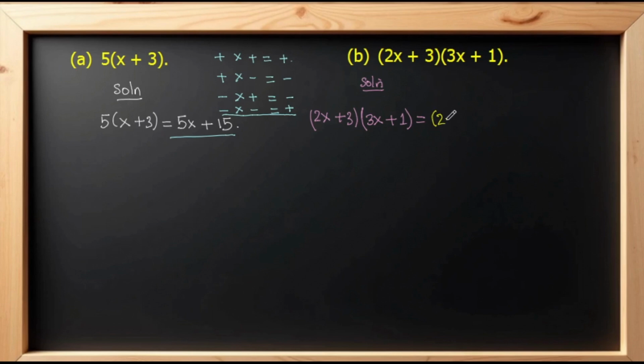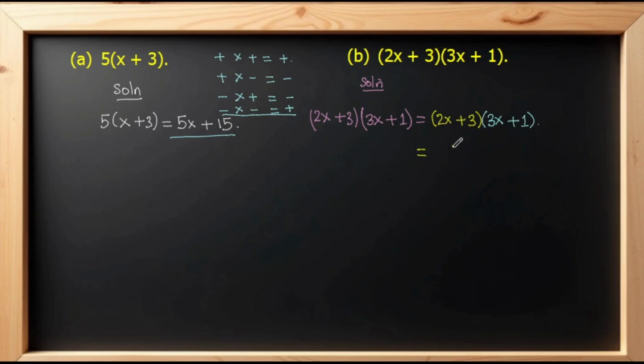We are not working here, we're just giving this color for easy explanation since we are doing it for the first time. The next color I would choose is sky blue, for 3x + 1. So why have I selected these colors? The first bracket, which is yellow, means we're going to distribute these numbers one by one to multiply the second bracket. So let's do that in our next line.